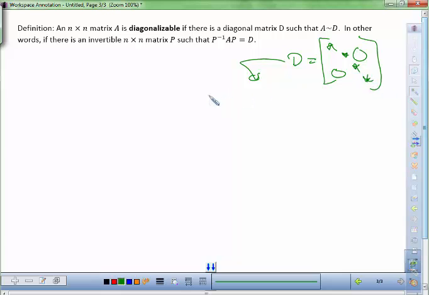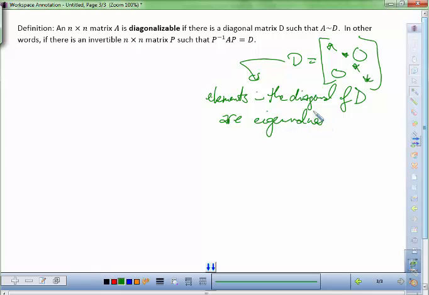So the elements in the diagonal of D are eigenvalues.